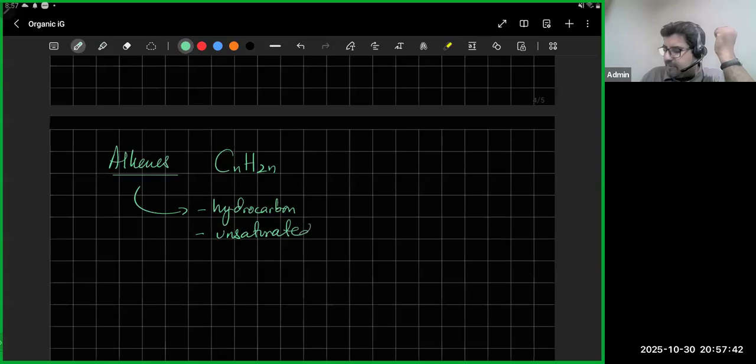The term unsaturated means that it has a double bond. There has to be at least one carbon-carbon double bond. There could be more than one, but normally it's just one.